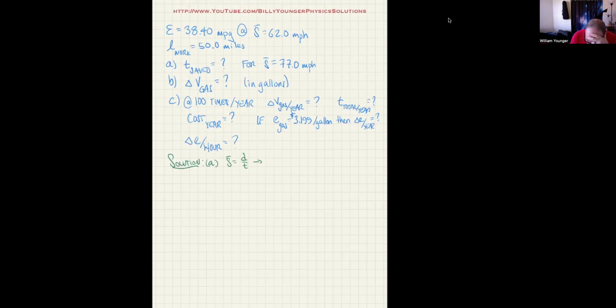So I can put in, for instance, 62.0 mph, which remember is miles divided by hours, is equal to 50.0 miles over t. So solving for t, all I have to do is divide 50 by 62.0 mph, and I'll get t, and I'll say t at 62 just to remind us.